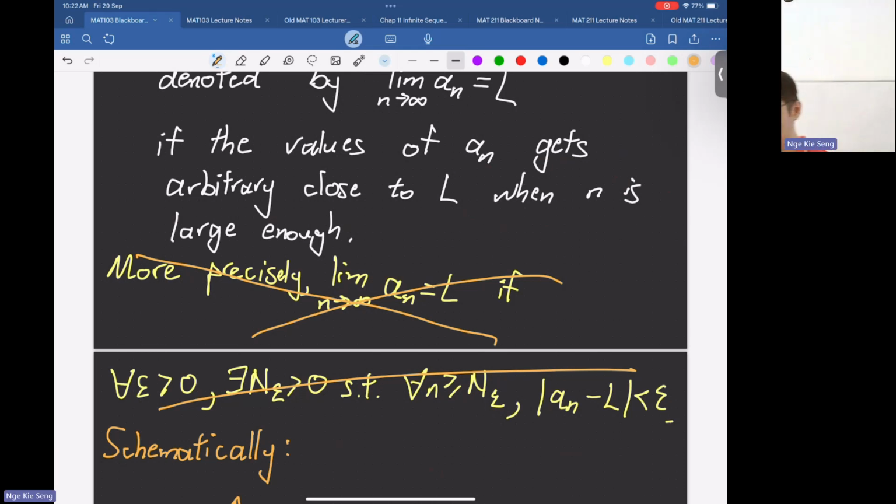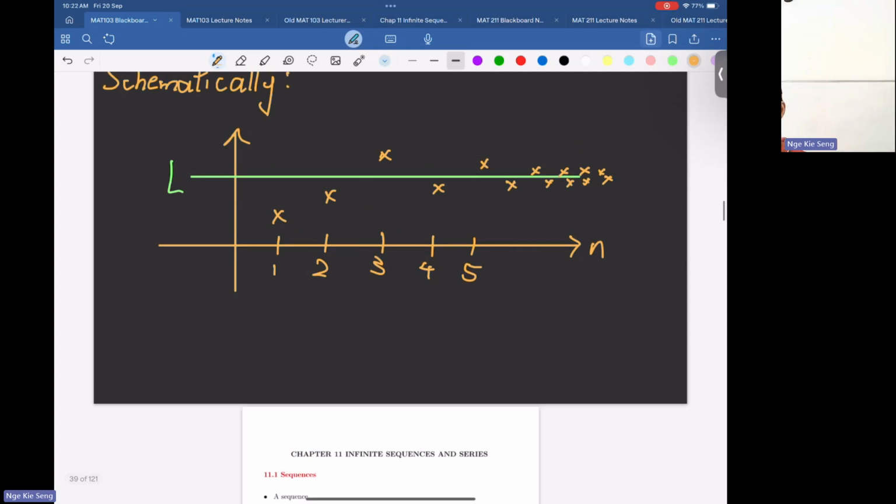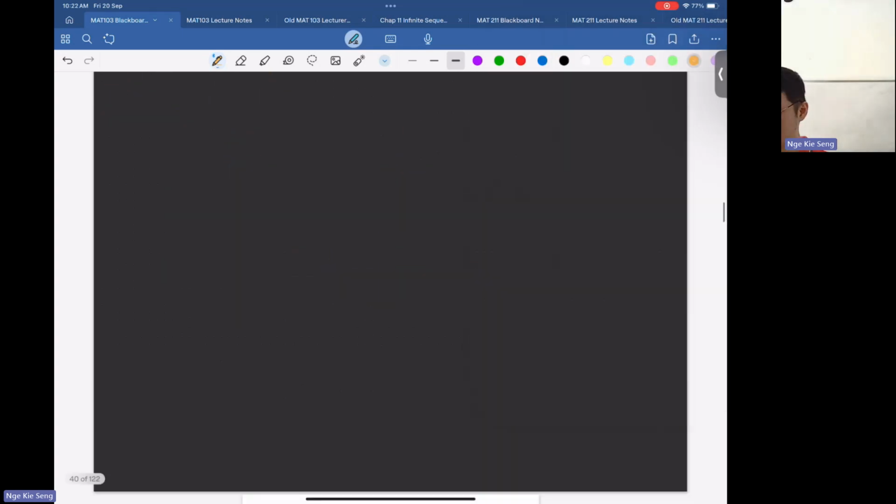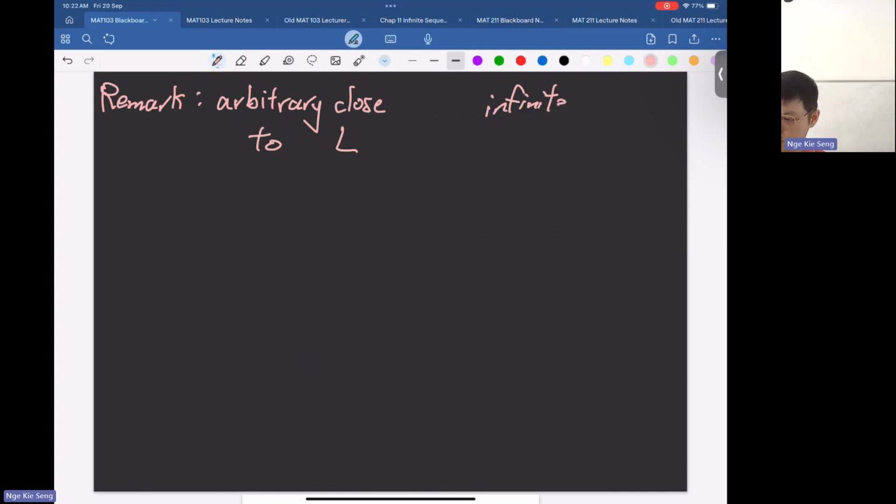About this approaching arbitrarily close thing, I still want to give you an idea, so let's make a remark here. Let me ask you, does arbitrarily close to L mean there are infinitely many terms equal to L or not? Do you understand my question? One is arbitrarily close to L. The other is infinitely many terms equal to L when n is large.